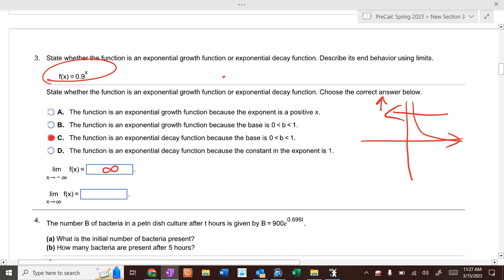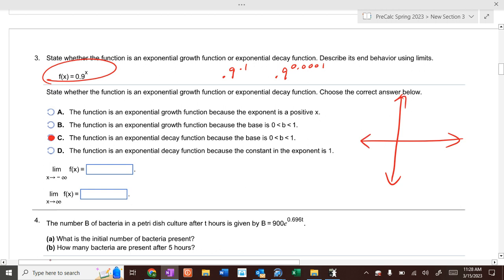Because 0.9 raised to the 0.1 power. What's 0.9 raised to the 0.1 power? Somebody on your calculator. 0.98. And what's 0.9 raised to the 0.0001 power? 0.999.